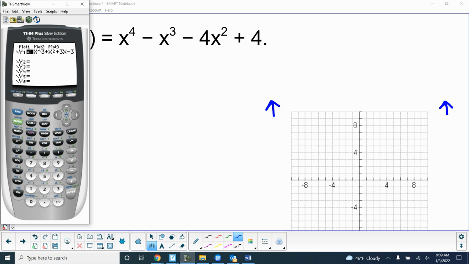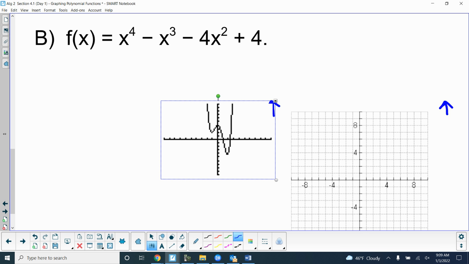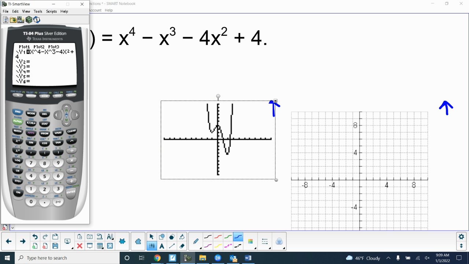So go back to your y equals and put it in there. X, oops, not a 4. X to the 4 minus x to the third minus 4x squared plus 4. So there's kind of a W looking graph. Go to second, oops, not y equals, but second table for some points.